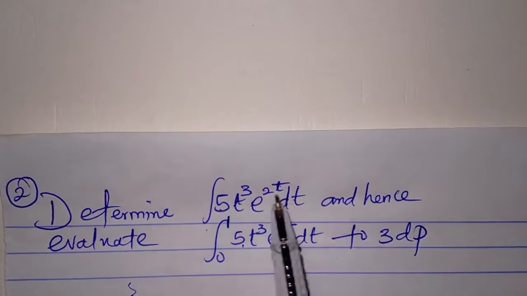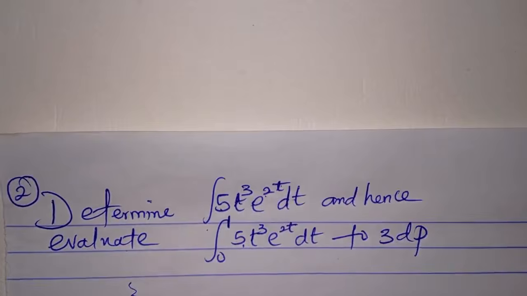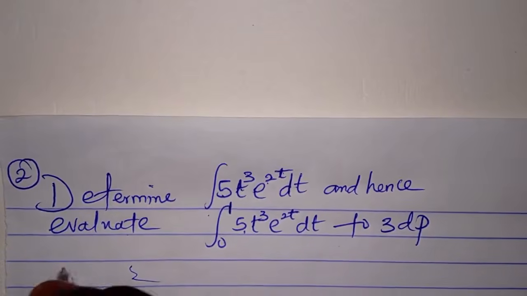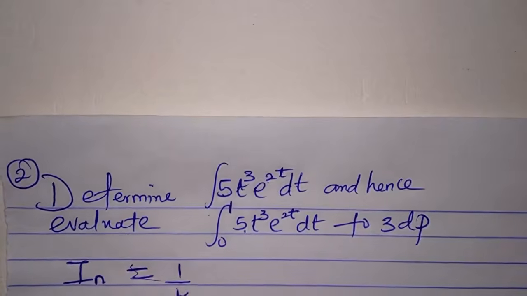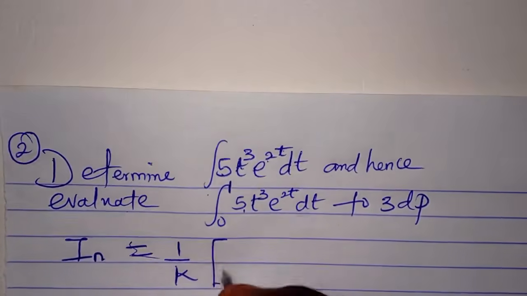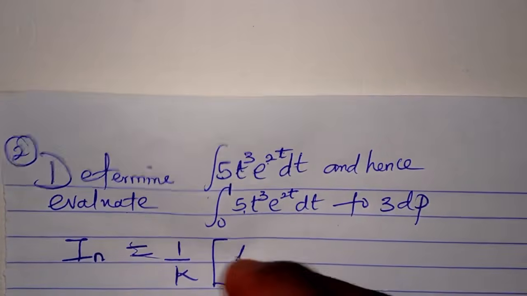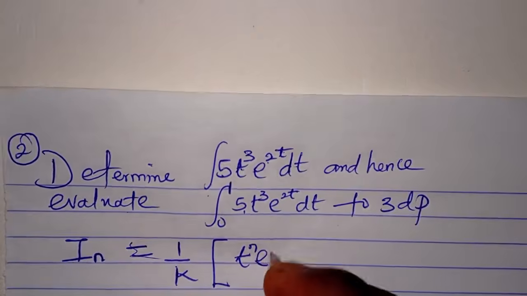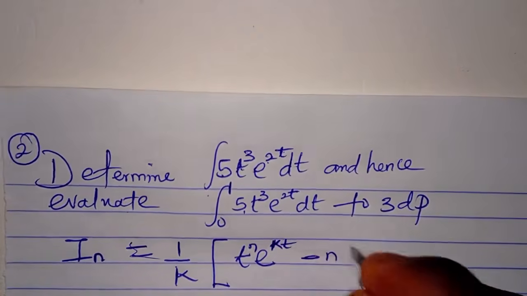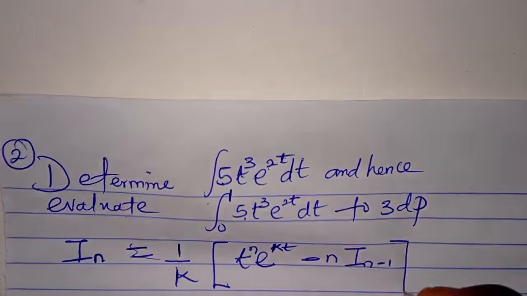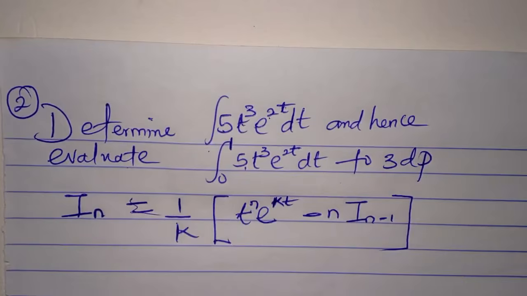For a coefficient of k, that is, if t has a coefficient of k, I think we derived the reduction formula just now that says I_n is equal to 1 over k into t to the power of n e to the power of kt minus n into I sub n minus 1. That's what I'm going to use now to evaluate this integral.